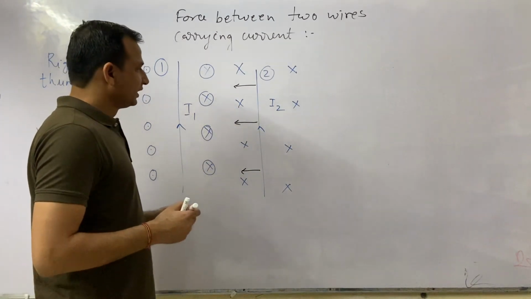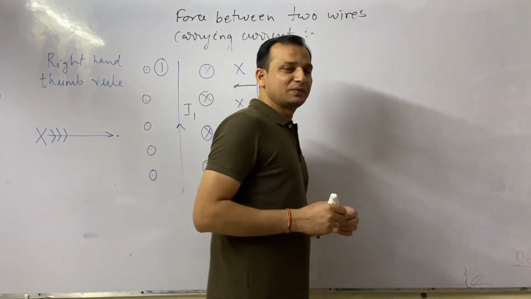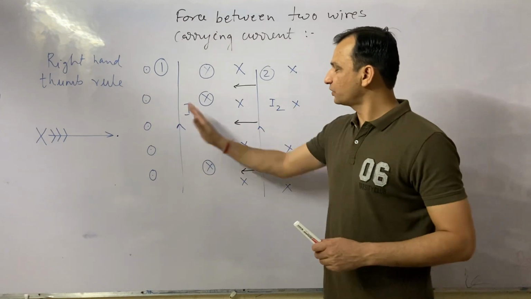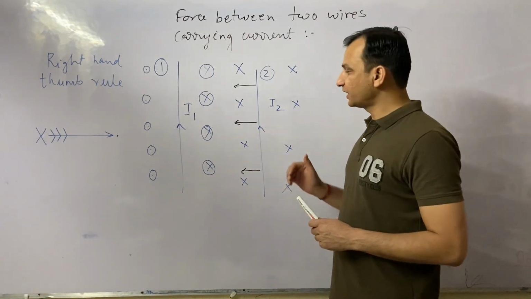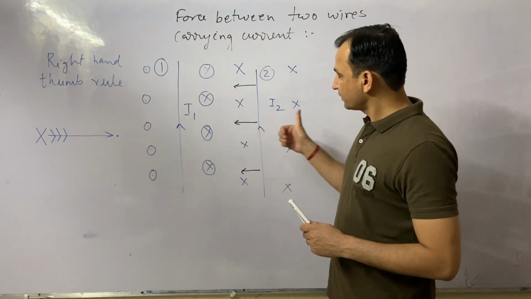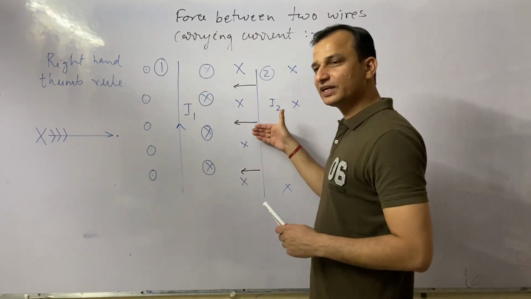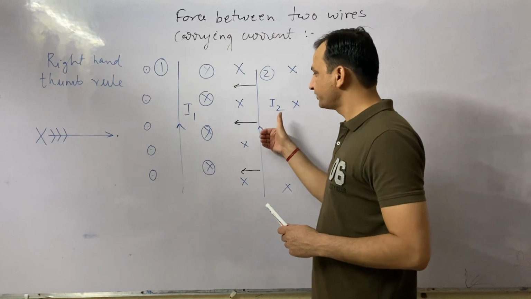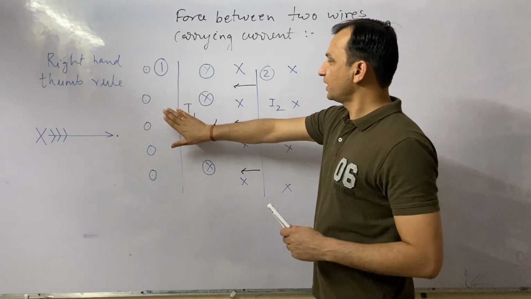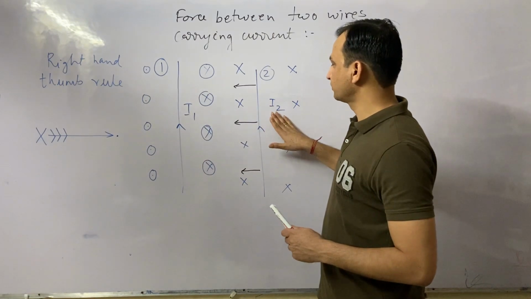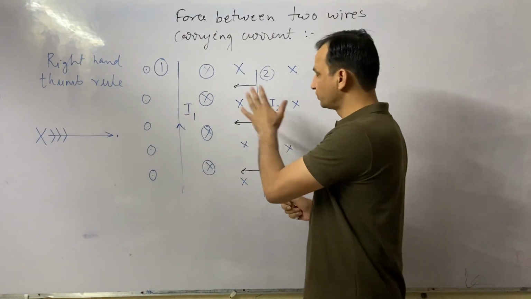Now, if we take the direction of current in wire 2 and apply the same concept here, then we can see that wire 2 is carrying current upward. It will generate a magnetic field around itself. As you had seen in the case of I1, we will apply the same thing here. Let me clear this board first.